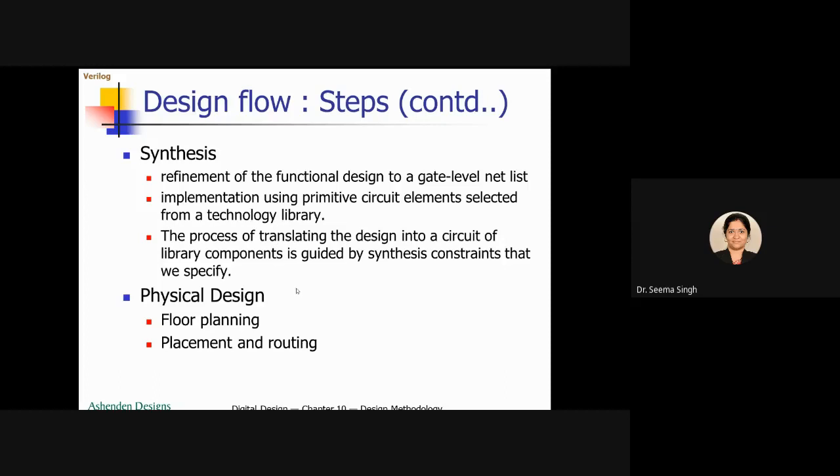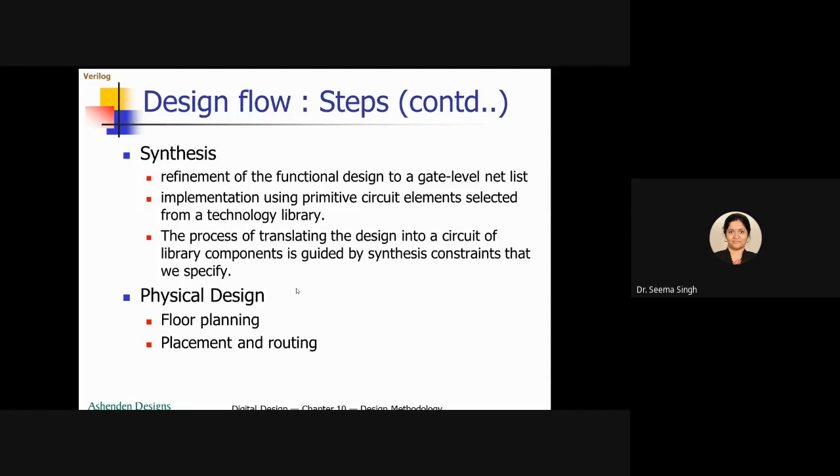So, what do you mean by constraint? Constraints can be of various types. For example, imagine I have two alternative circuit structures which can implement the same functionality from the RTL code.